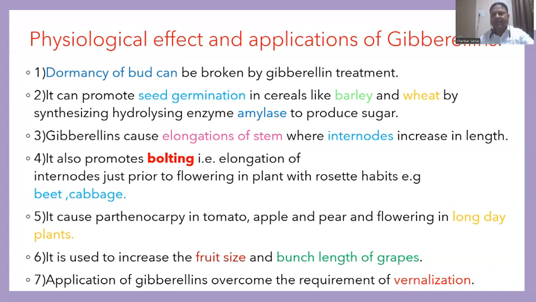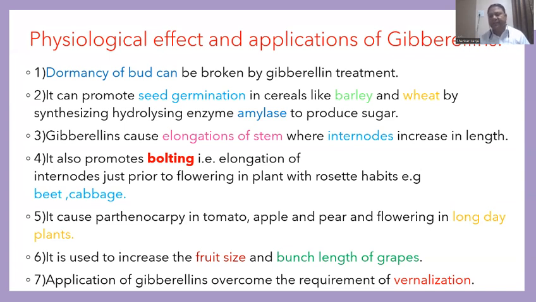What is a long day plant? Those plants require more light period, photo period, than the critical photo period. Critical photo period means the minimum light required for getting flower. But here, more than critical photo period, around 9 to 11 hours, is required for getting flower.